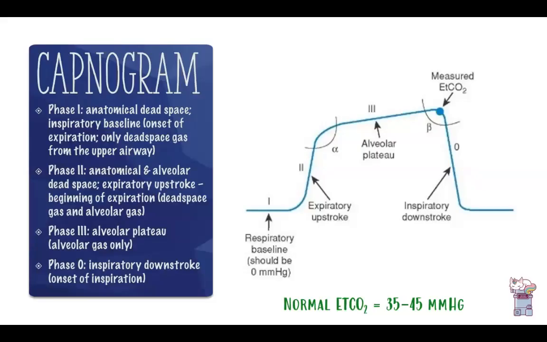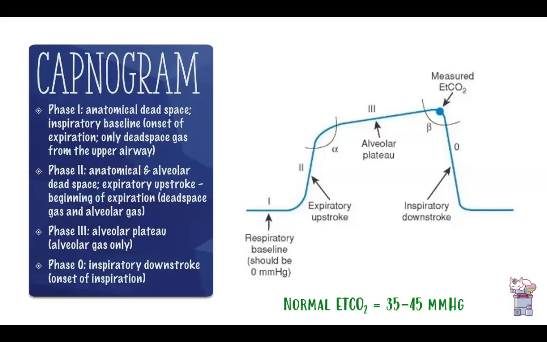The capnogram has several parts. Phase 1 represents the respiratory baseline and should be 0 millimeters of mercury. This also represents anatomic dead space. So at the onset of expiration, only dead space gas from the airways that don't participate in gas exchange, such as the trachea and bronchioles. Phase 2 combines both anatomic and alveolar dead space, as well as some degree of alveolar gas.